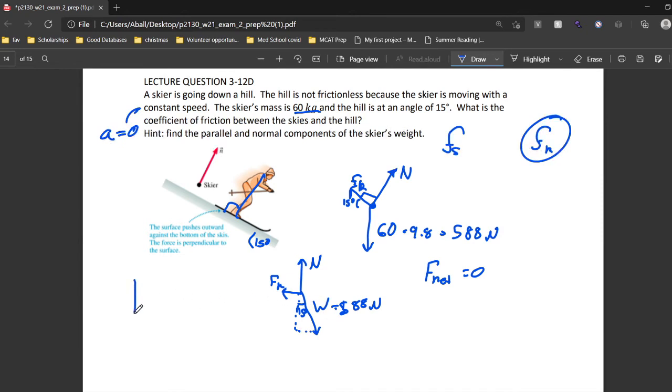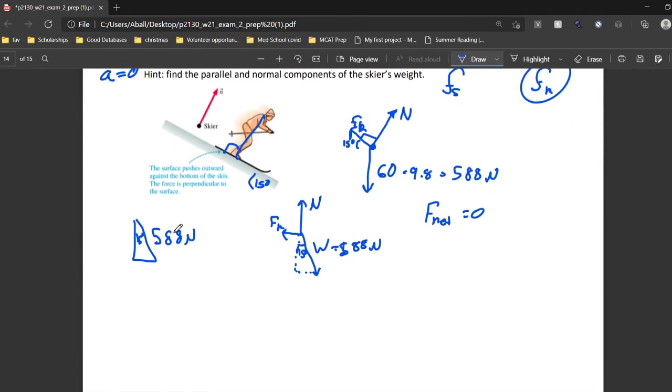So let's just draw a nice little triangle here. We know that the hypotenuse is 588 newtons. We know that the angle is 15 degrees. Is there an equation that we can use that helps us find the vertical and the horizontal components of a triangle? The answer is yes. So for vertical, we'll say y. Y is equal to the hypotenuse, so 588 cos 15.